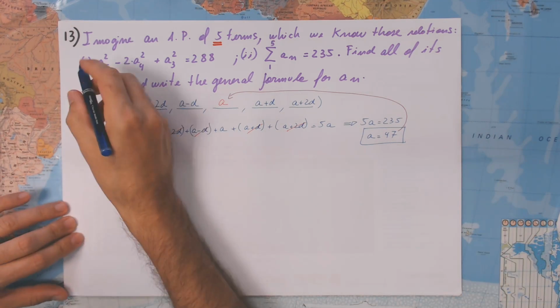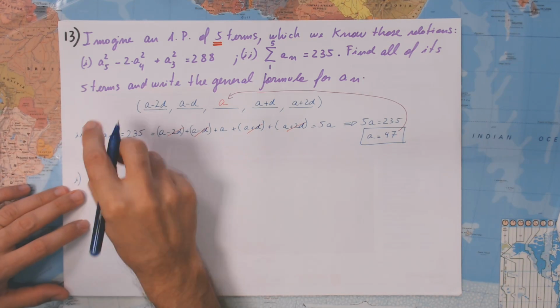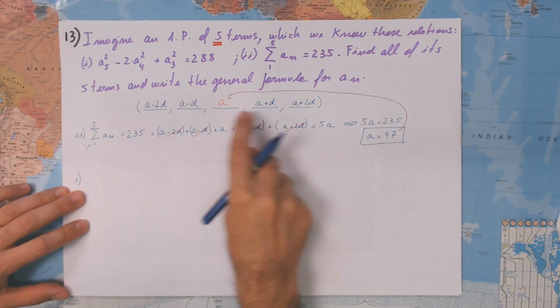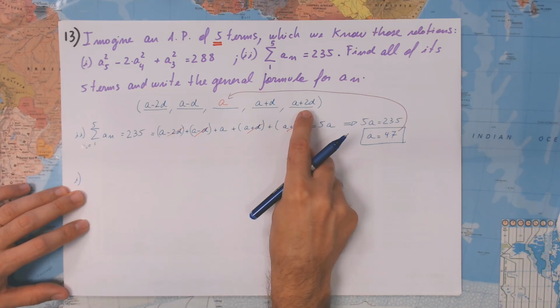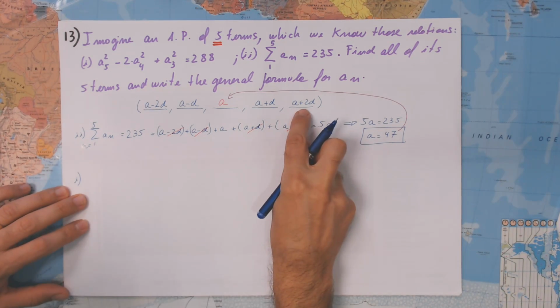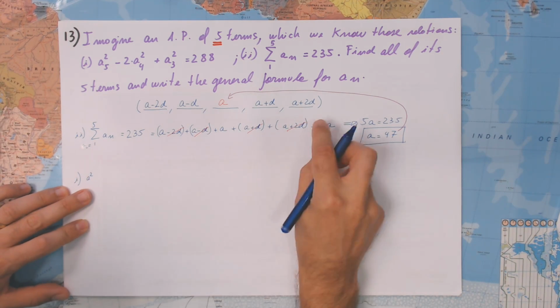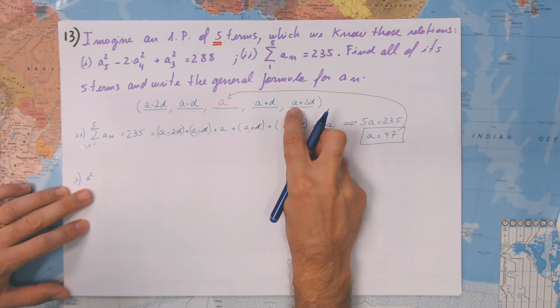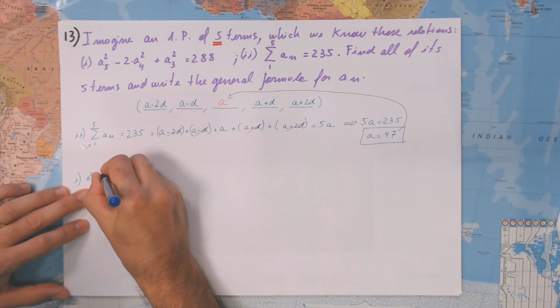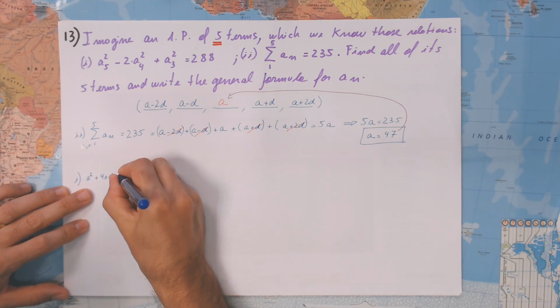Now let's use this first information. Let's square A5. Is it going to take some work? Yes, it will. Okay, let's do it. Let's square this guy. It is going to be A squared plus 4AD plus 4D squared.